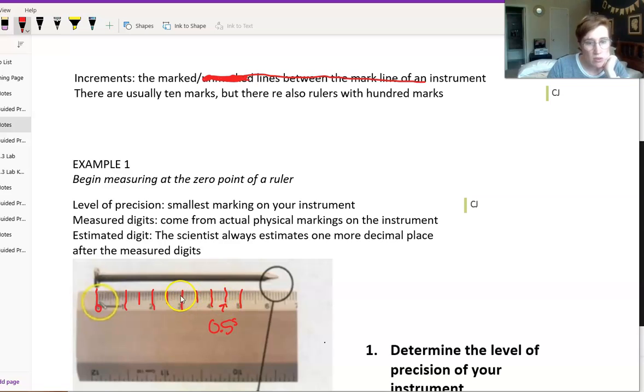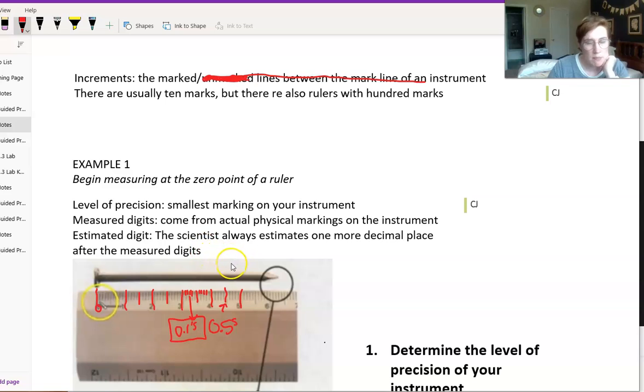Now there's an even smaller increment right here, and these, if you count them out, they are all the numbers in between 3.0 and 3.5. So these are going by 0.1s. So that is the level of precision of our instrument. When I'm asking for level of precision, I want to know what the smallest marking on your instrument is measuring by.